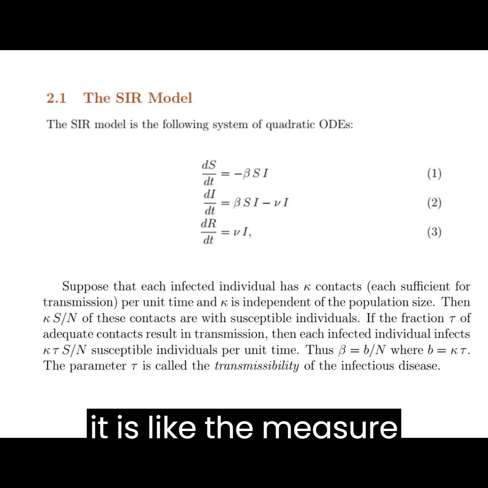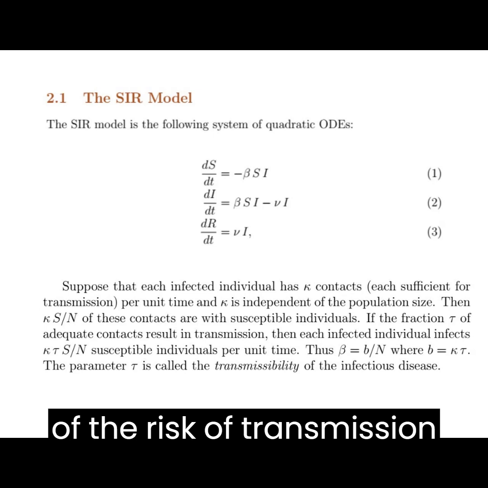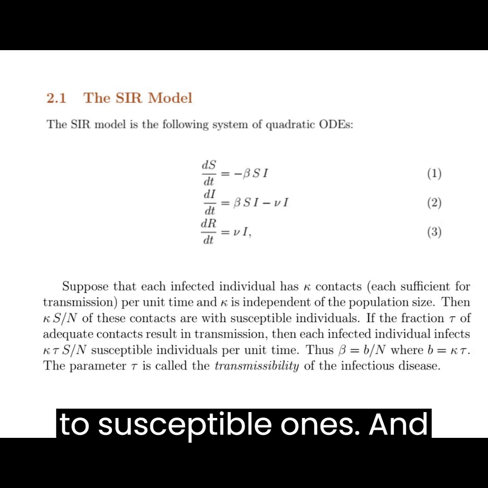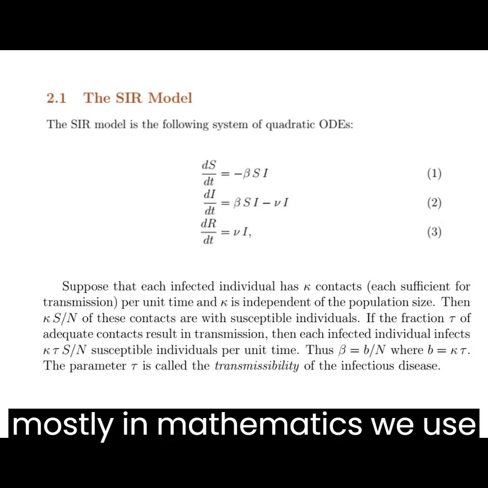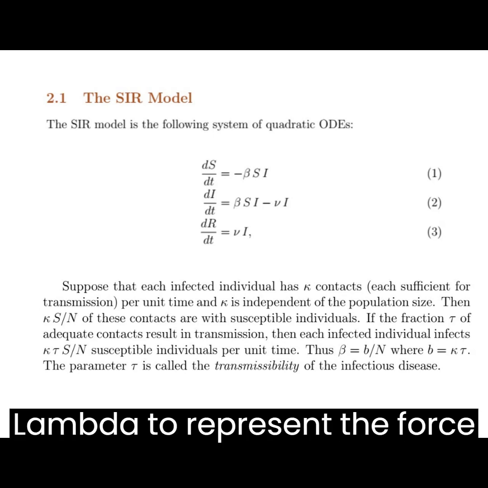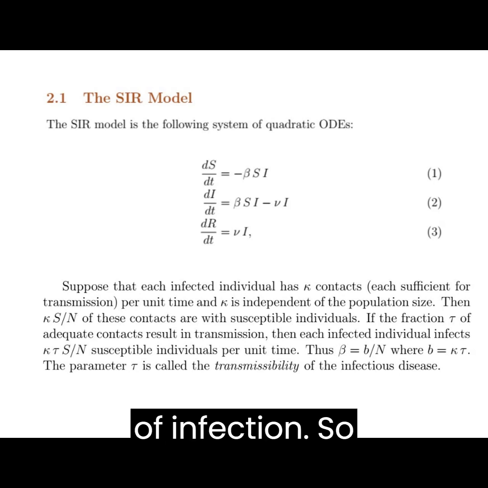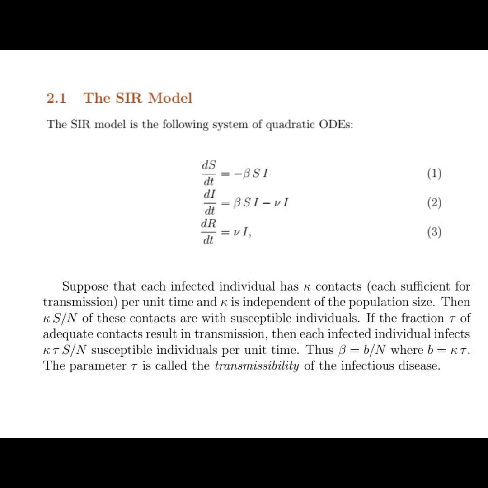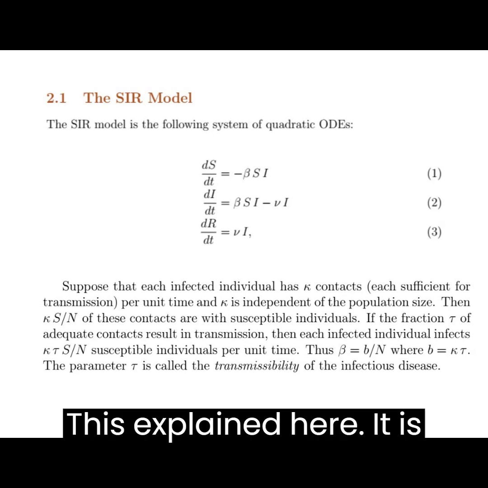So it is like the measure of the risk of transmission from infectious individuals to susceptible ones. And mostly in mathematics, we use lambda to represent the force of infection. So what do we have? We have got this explained here.